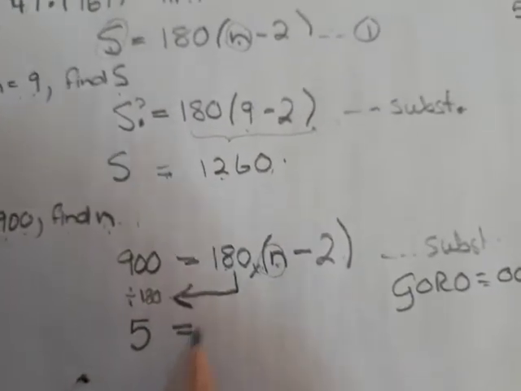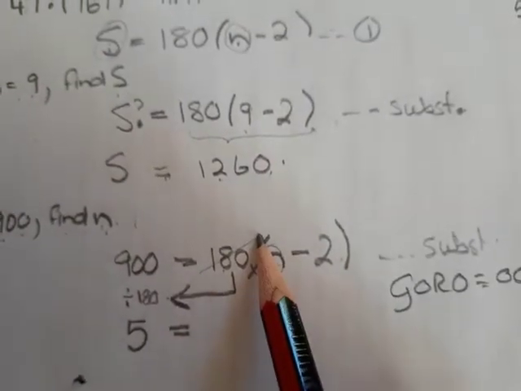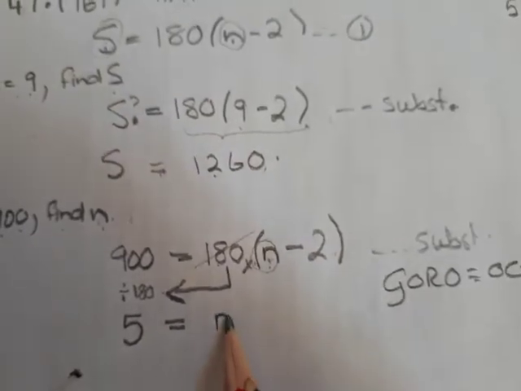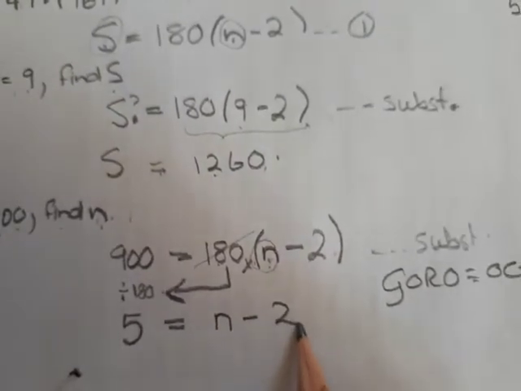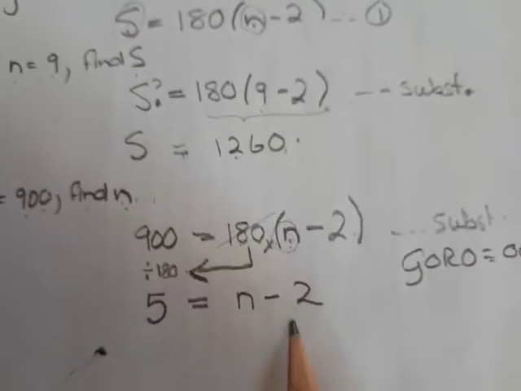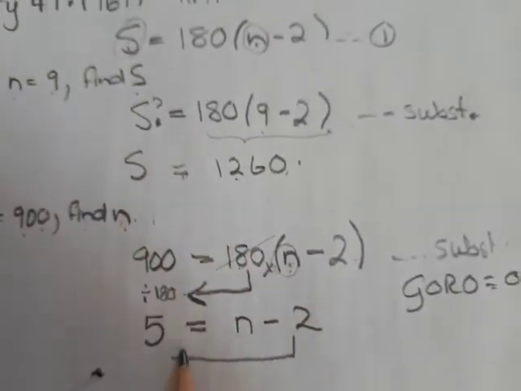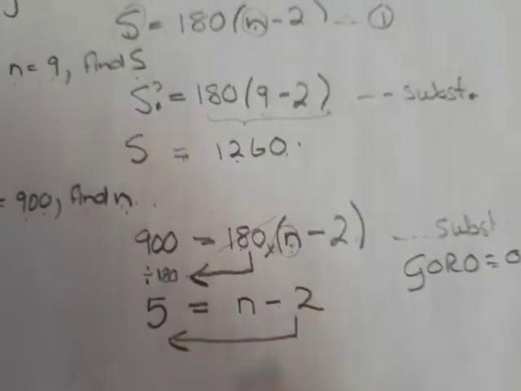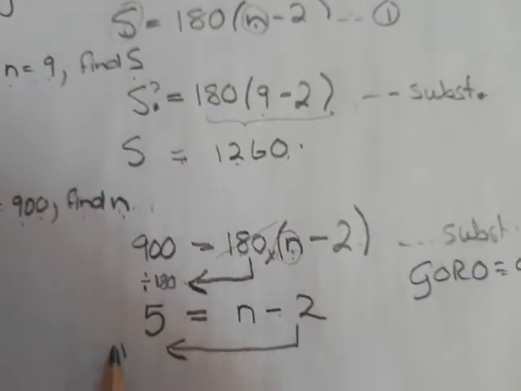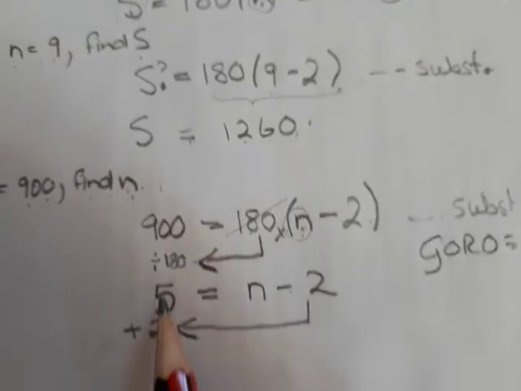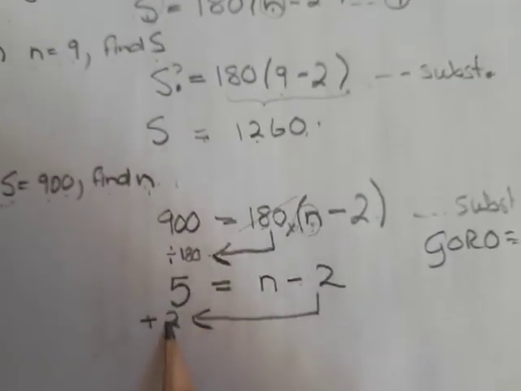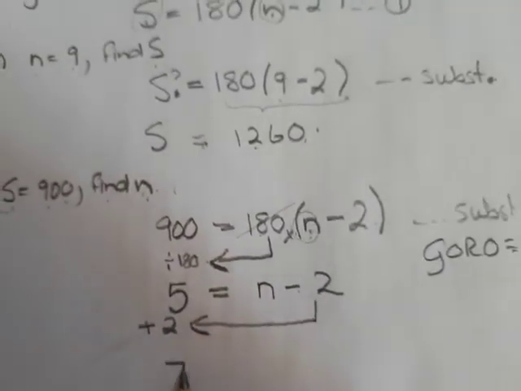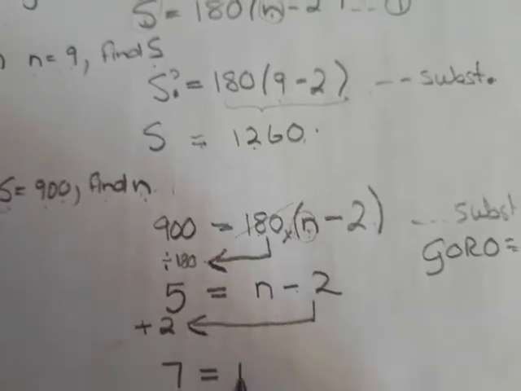Okay. Then on the right-hand side, remember we have taken the 180. You've got left over n minus 2, which means now you must take away the minus 2 to the other side. So use the opposite operation of negative or minus, which becomes plus 2. So on the left-hand side, you now have 5 plus 2 left over, which is 7 equals n.